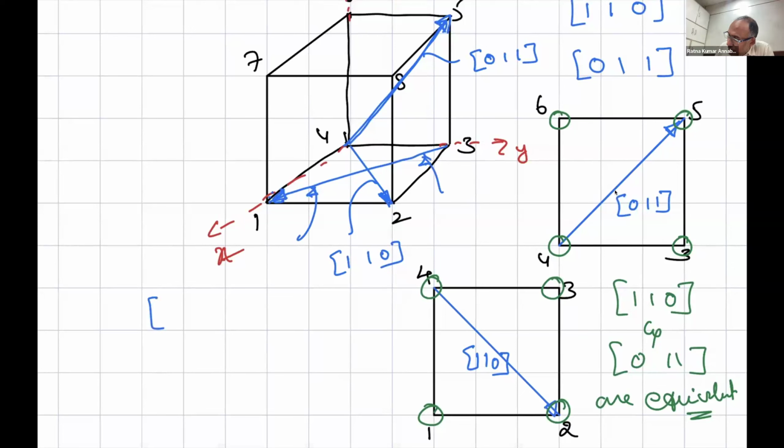First thing will be 0, because it is intersecting x-axis at 1. One bar, 0. 1 bar 0. Yeah. Again, that will also feel exactly the same environment or not? Will it experience the same environment while you are moving from 3 to 1 or from 4 to 2?